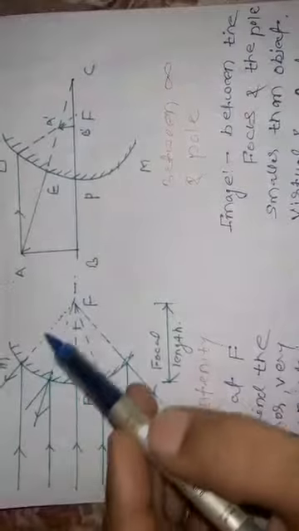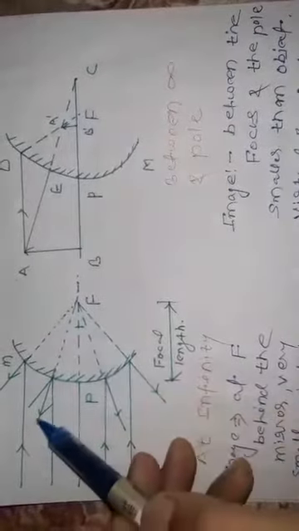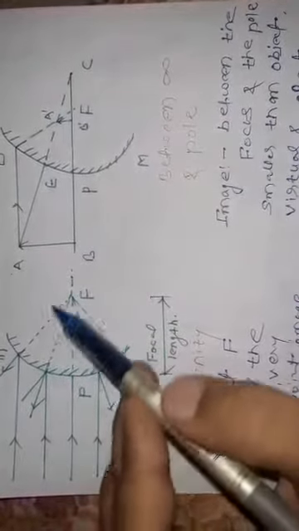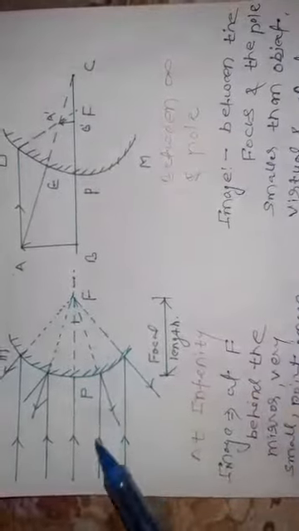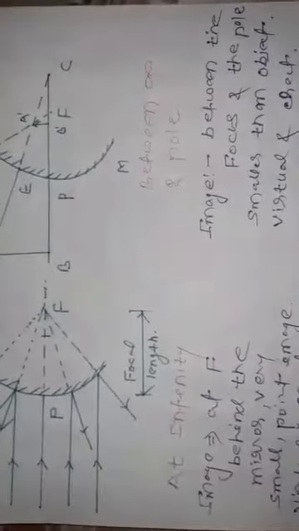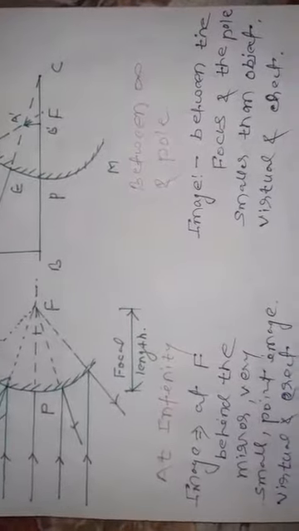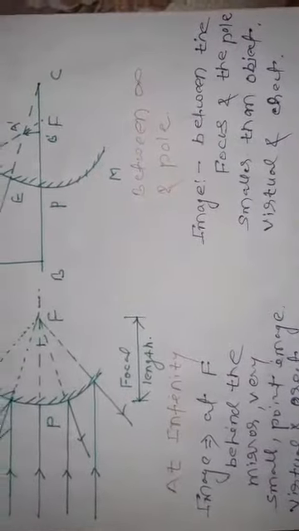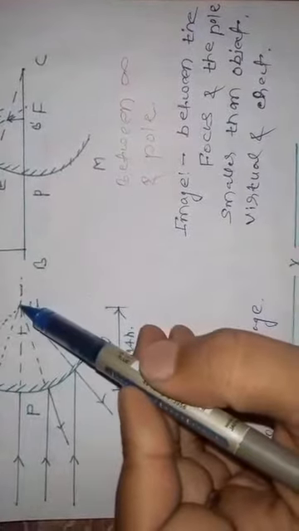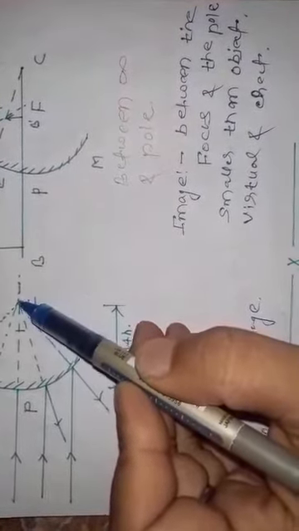So these rays appear to be coming from the principal focus. So our image formation is at focus behind the mirror. Here we have our image, behind the mirror, very small point image, virtual and erect.